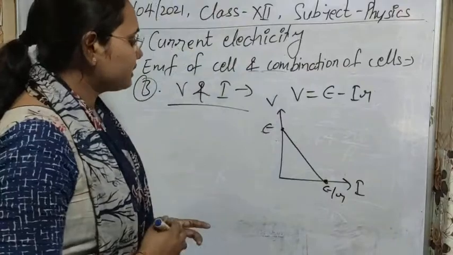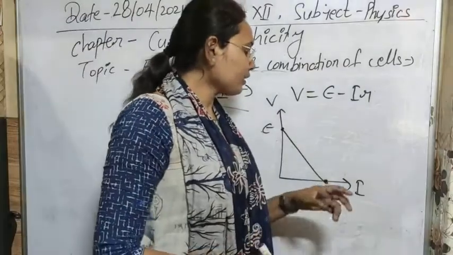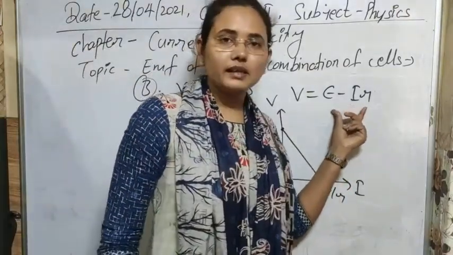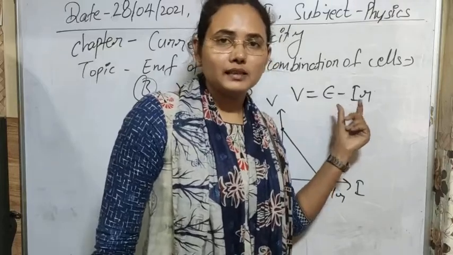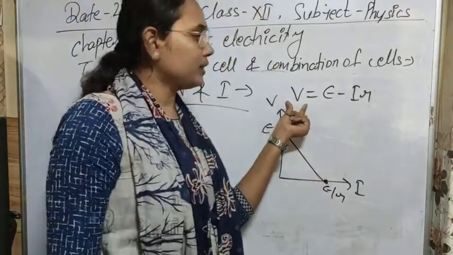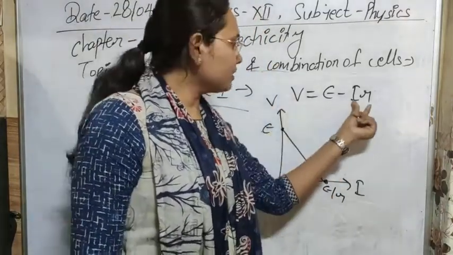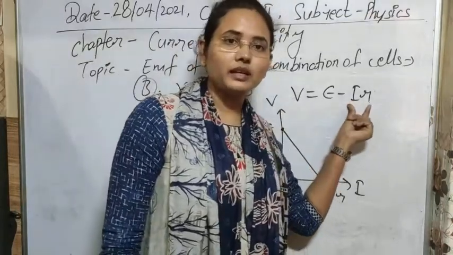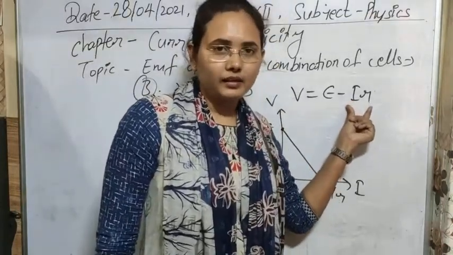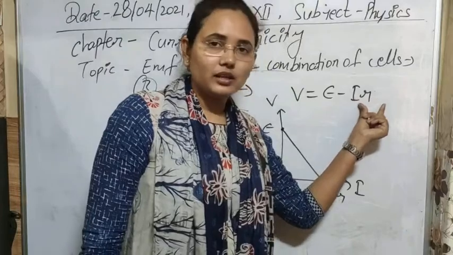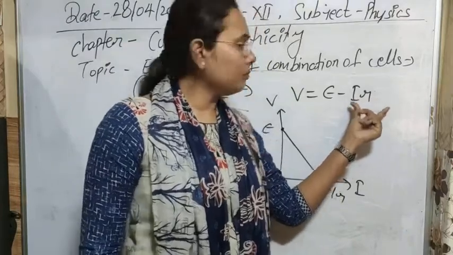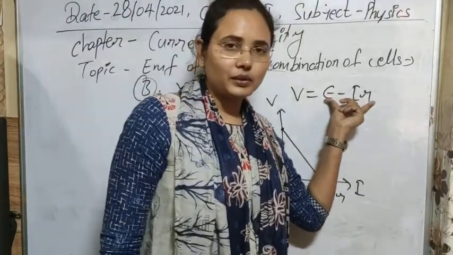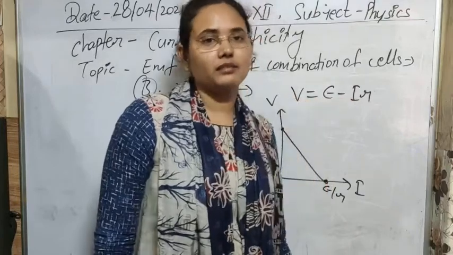The simple thing is that if I increase the current, then with the increase in current, this terminal potential will start to decrease, because this voltage drop will also increase with the increase in current, and due to the increase in voltage drop, obviously this difference will decrease and terminal potential will decrease.